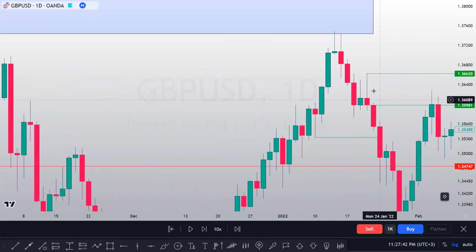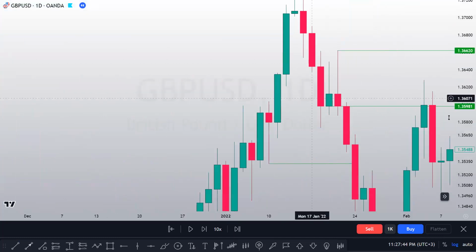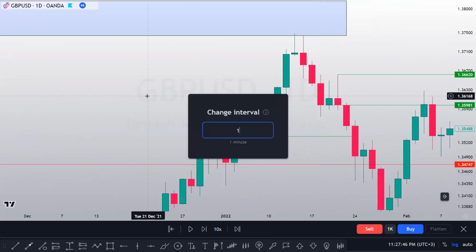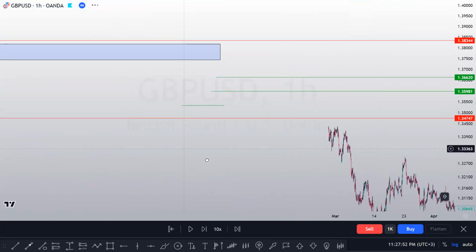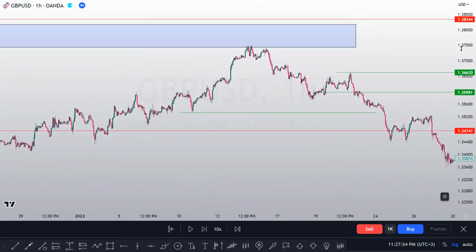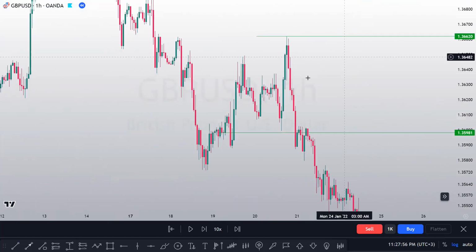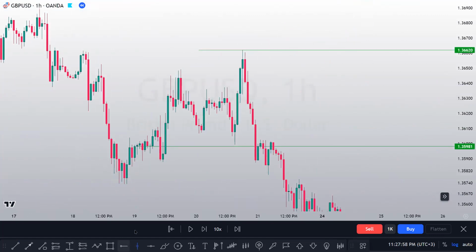If I mark this as my area of liquidity, I have to come to the 1 hour time frame so that I can find my liquidity engineering, so that I can go down.